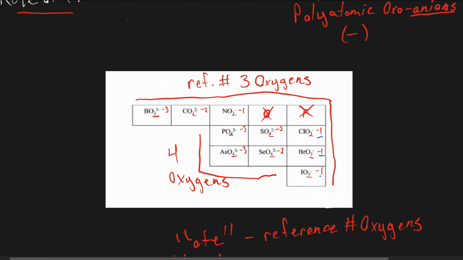Nitrogen also has a -1 charge, but carbon has a -2, and boron has a -3. Phosphorus and arsenic tend to have a -3 charge, while sulfur and selenium have a -2 charge.